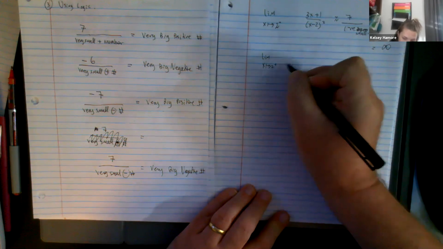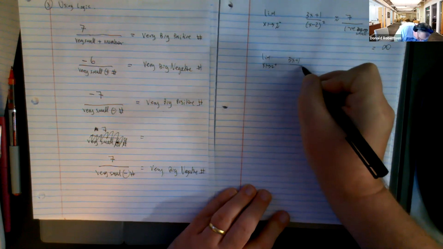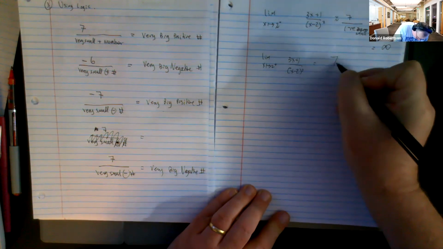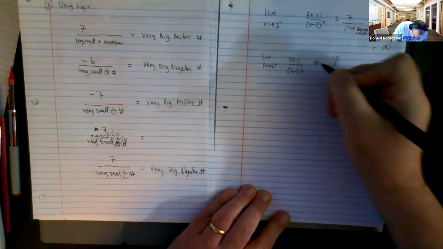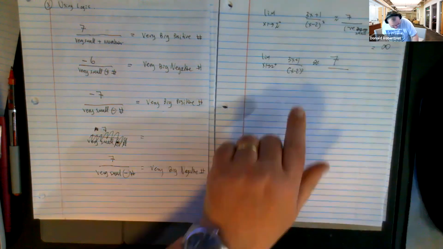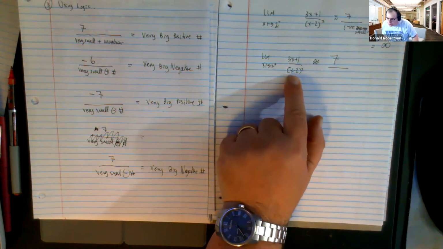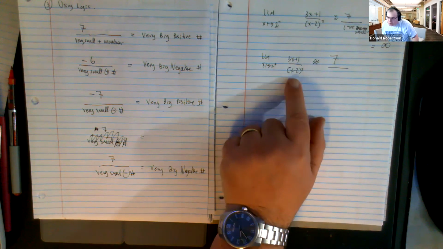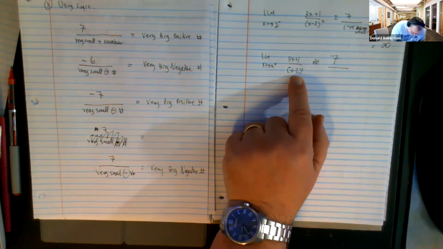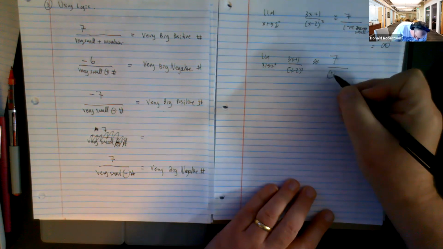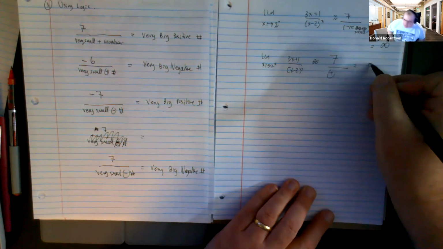If I did a 2 plus to this, wouldn't the top be pretty close to 7? If you pick a number that's coming in from the right-hand side, won't it be like 2.001? So won't that be positive? And when you square it, it is positive. And isn't 7 over a very small positive thing plus infinity as well?